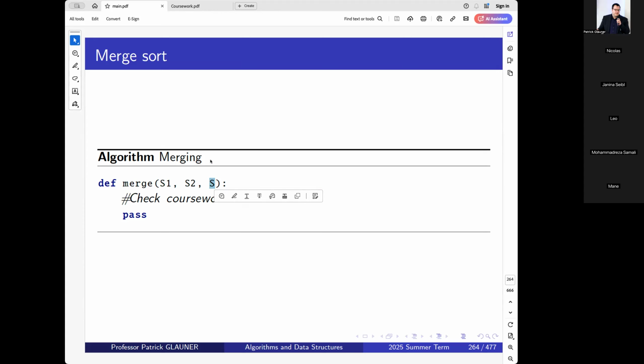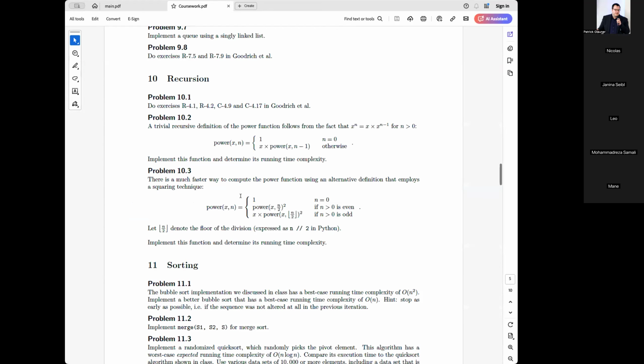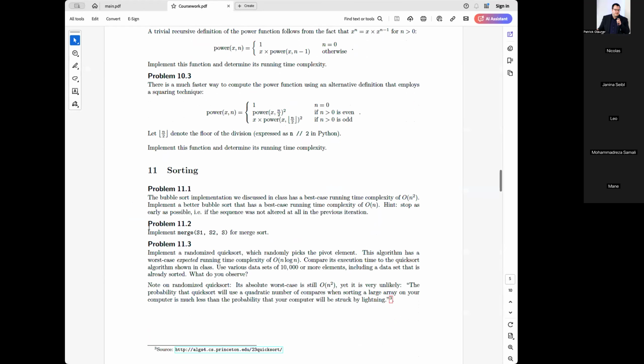So all I need to do is I need to write into S at index I plus j and either take the element from S1 or S2. It's something you can implement in less than 10 lines of code. This is your coursework. And speaking about the coursework, this is problem 11.2. You need to implement merge and we use it within merge sort.